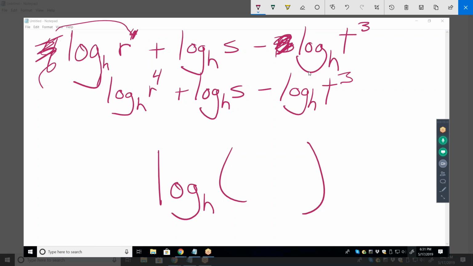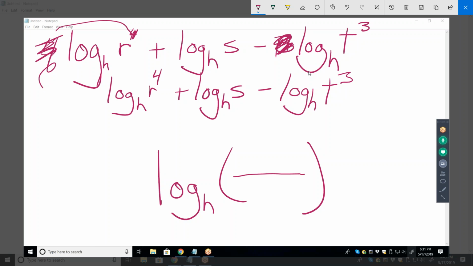Now use your sum and difference properties to put that all into one expression. In other words, the very next step is the one I have listed. We just have to fill in the argument. What is the argument going to be? I'll give you a hint. It's a fraction.